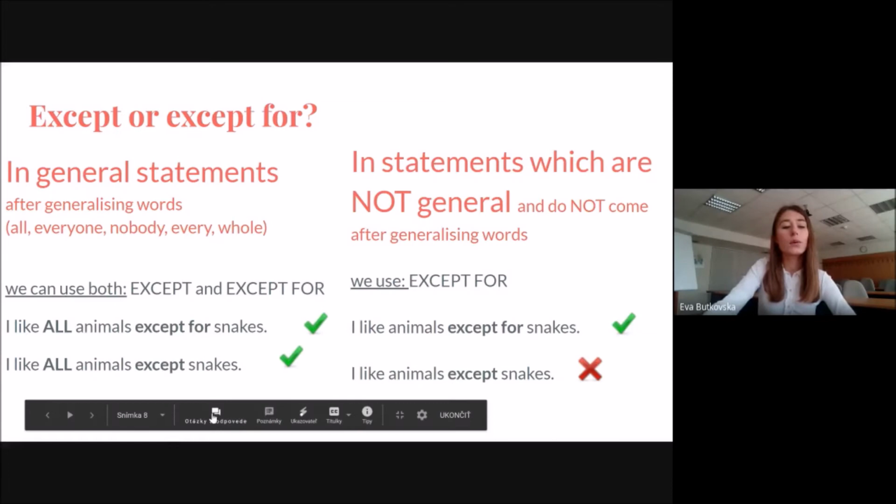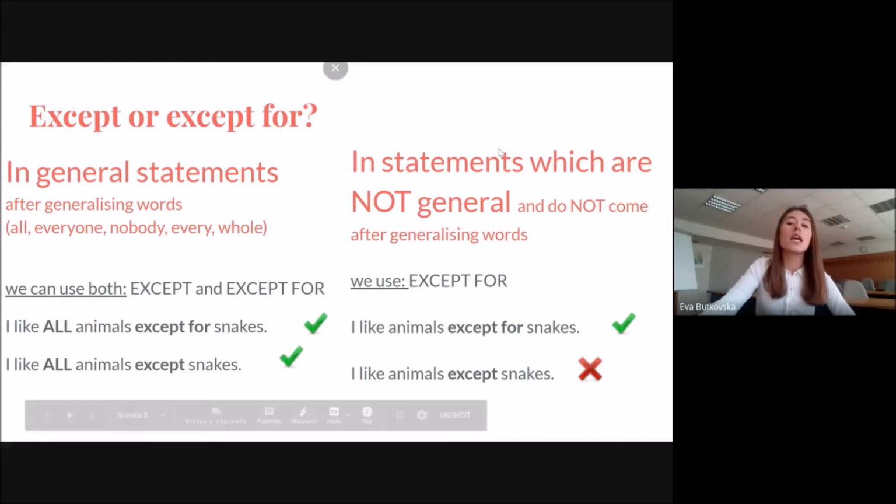So if you study those examples, they're both correct. I like all animals except for snakes. That's correct, because all, that's a general statement, all, everybody. Or I can say, I like all animals except snakes. There is no mistake to use except or except for.